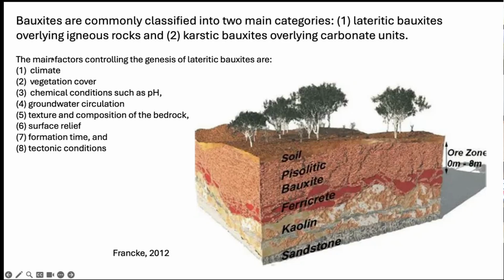The main factors controlling the genesis of lateritic bauxites are climate, vegetation cover, chemical conditions, groundwater circulation, texture and composition of bedrock, surface relief, formation time, and tectonic conditions. You need stability, not a lot of erosion.